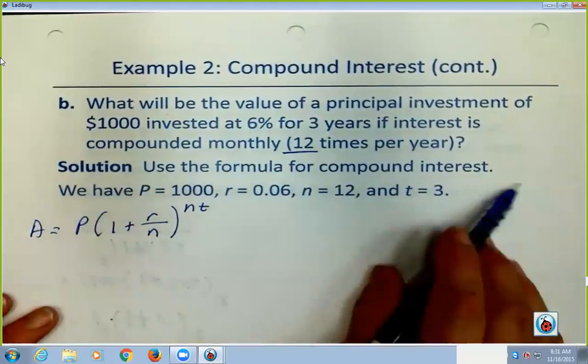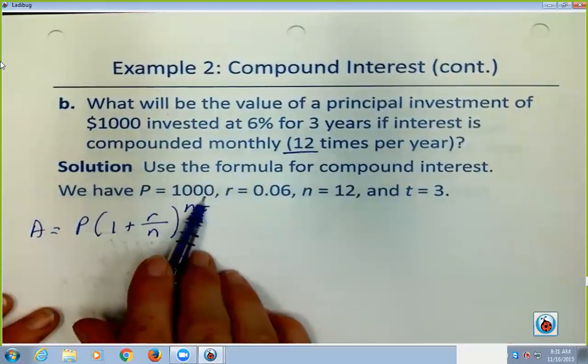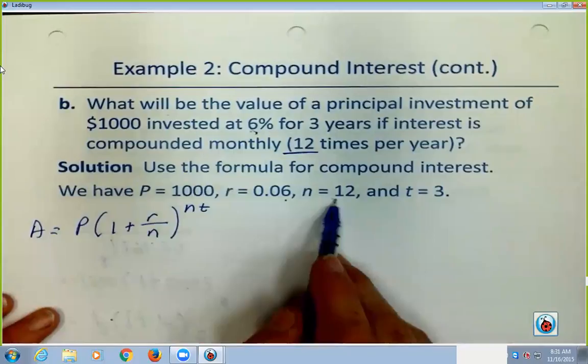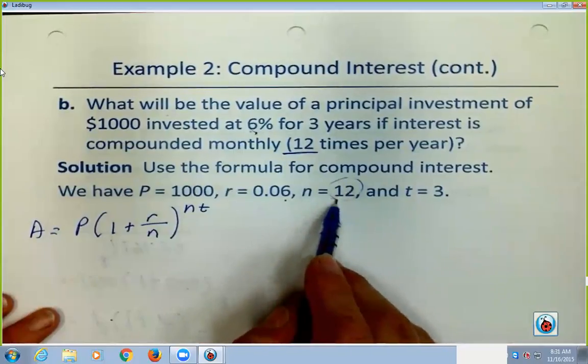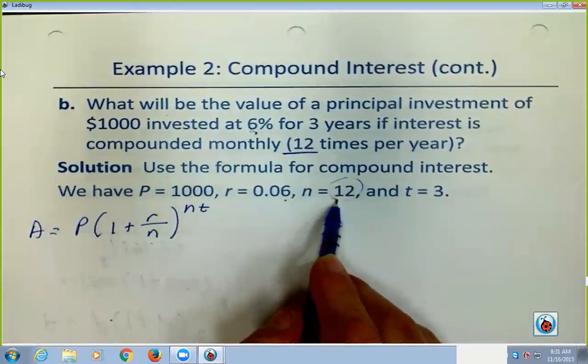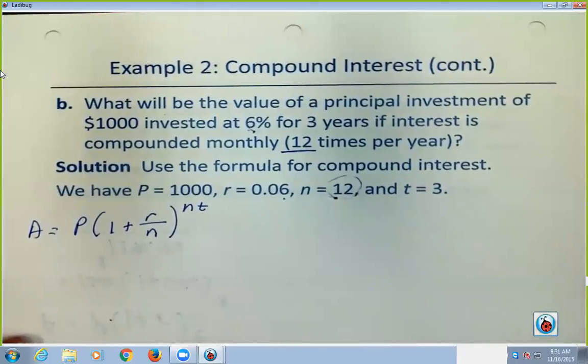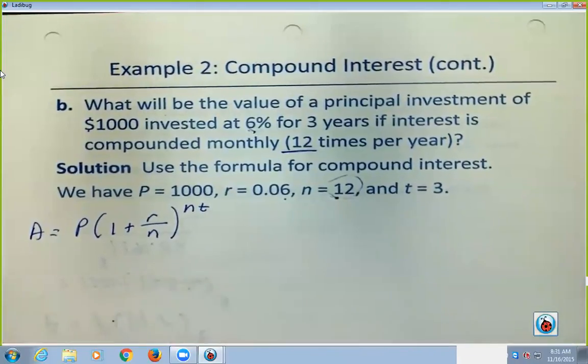And it says use the formula. So principal is 1,000. My rate is 6%. My number of times is going to be 1 if it's a year. If it's 12 months, it's 12. If it's days, then it's 360 for days, if you run across one that asks for days. And then t equals 3.